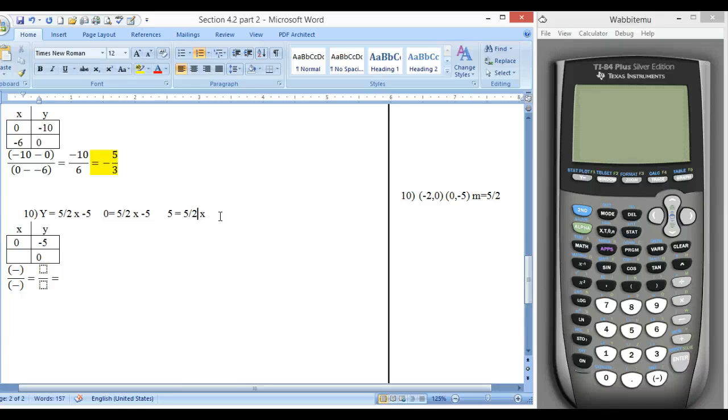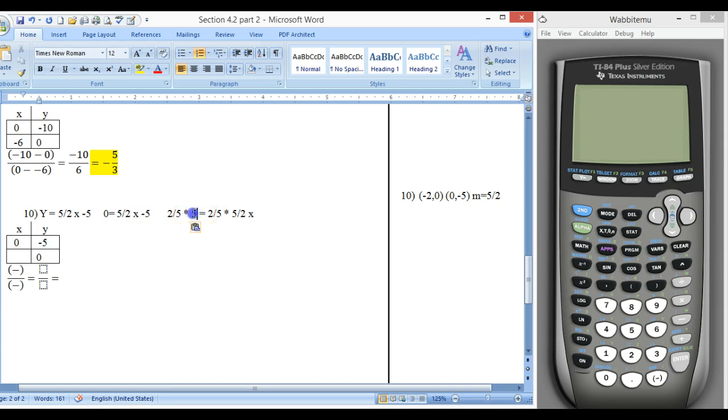I guess we'll come up here and do 2/5 times 5 halves. 2 times 5 is 10, 5 times 2 is 10, 10 divided by 10 is 1, or you can think of canceling those out, which gives you just x. And then I need to times this on the left side to keep it balanced.